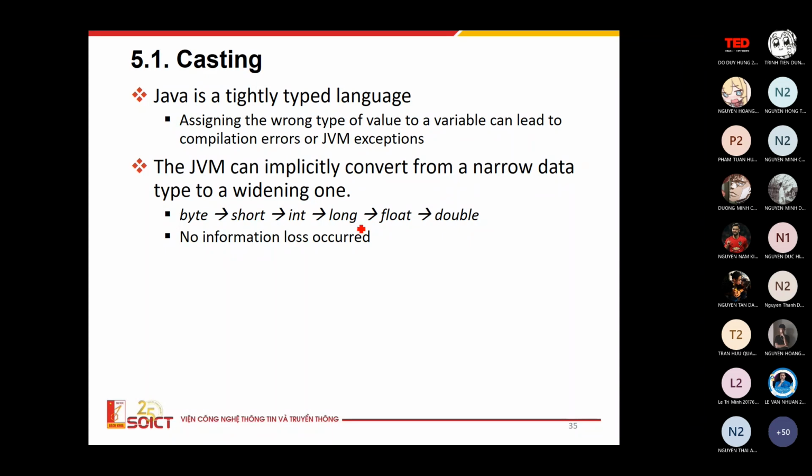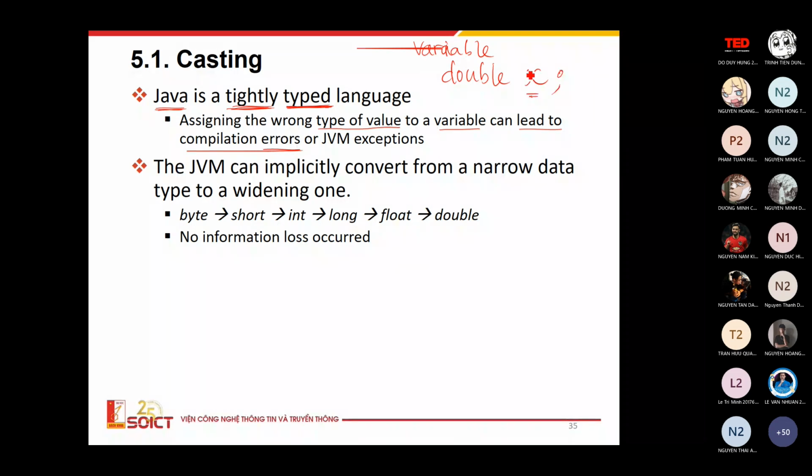Okay. Firstly, you have to remind that in Java you have to fix the data type correctly for each variable. Okay, this is very tight in Java. That means if you assign a wrong type of value to a variable, it will lead you to the error. Okay, for example, I defined double x, for example.